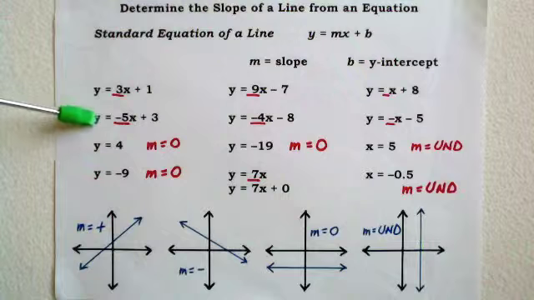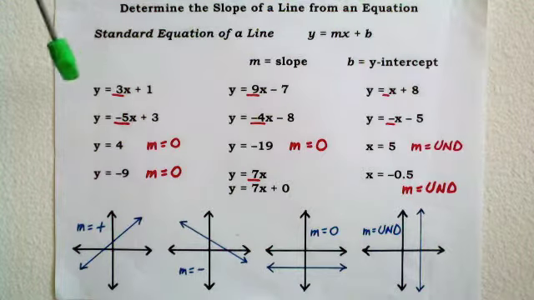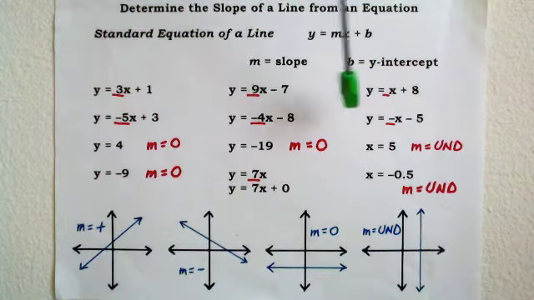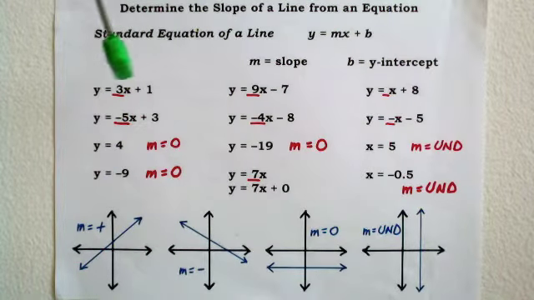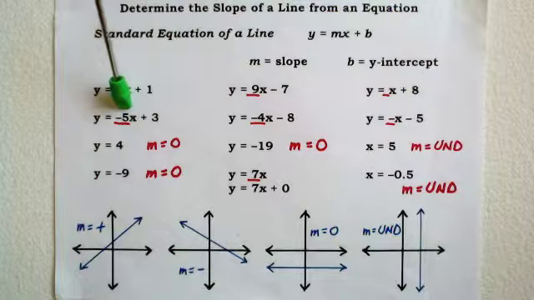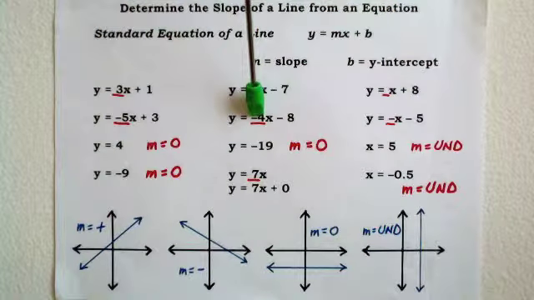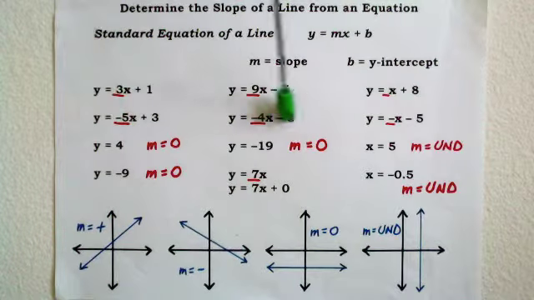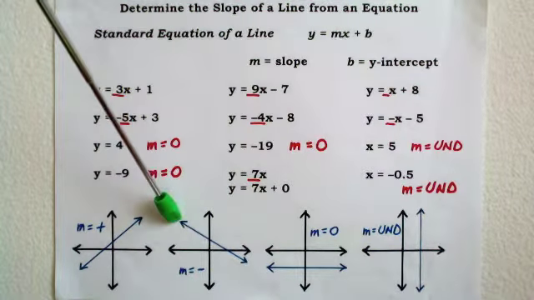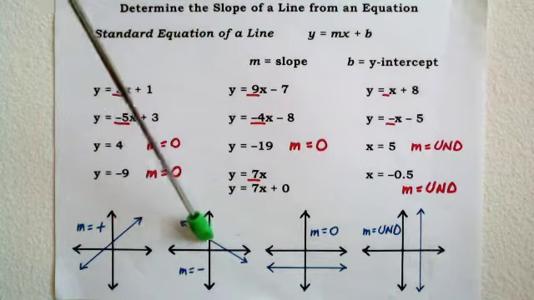Now let's look at this line of equations. All of these have negatives in front of the variable. This has a negative slope. This has a negative slope. This has a negative slope. That means that these 3 lines look like this one, going downhill.